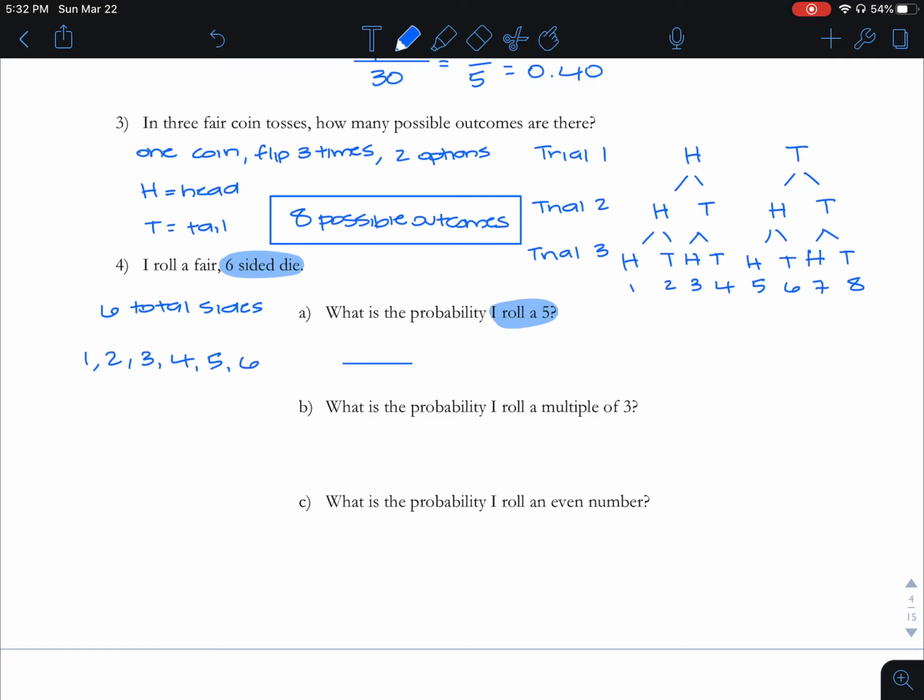The bottom is going to be 6 because I have 6 total sides, 6 total options. In this number set, how many 5s do I see? I see 1, so I only have 1 option. If I can reduce the fraction, I absolutely reduce it. In this case, I cannot reduce. Plug it into my calculator: 0.17.